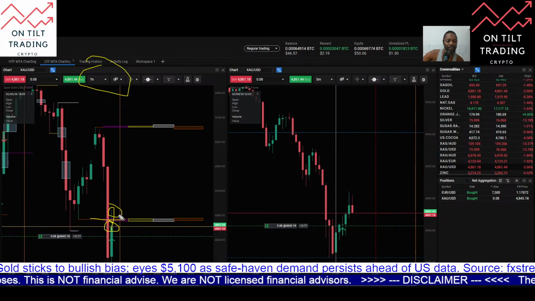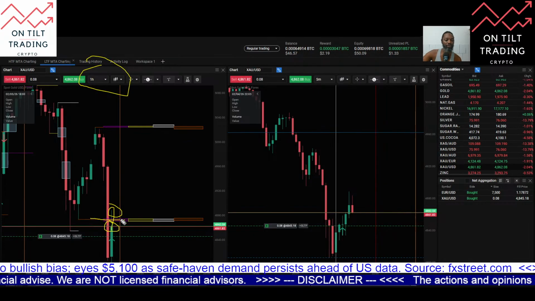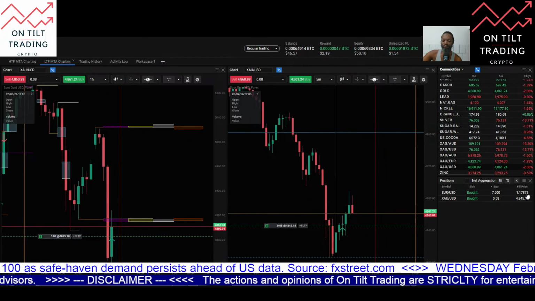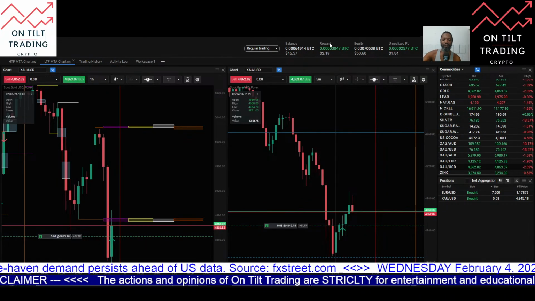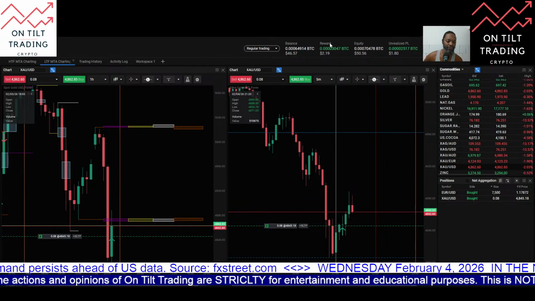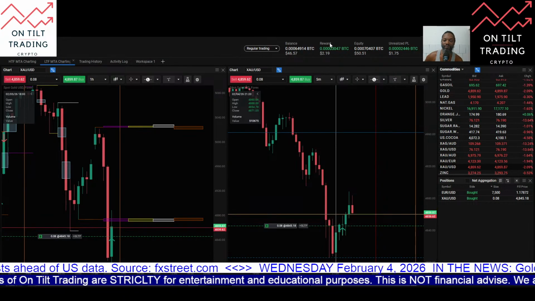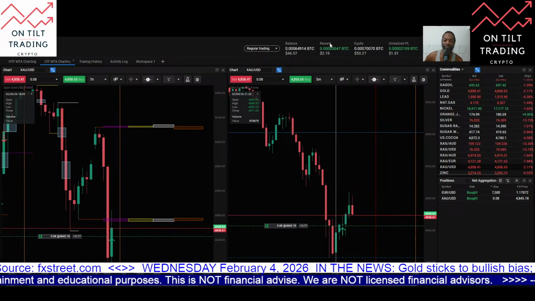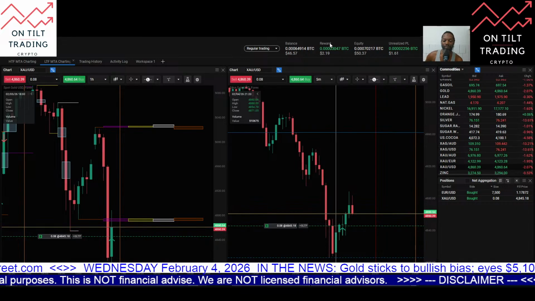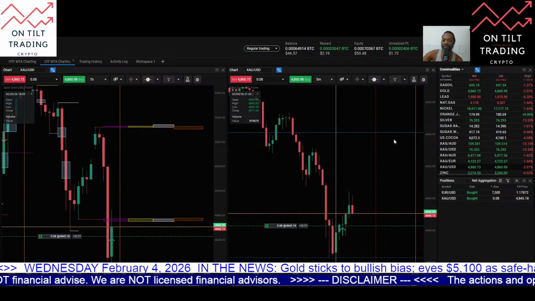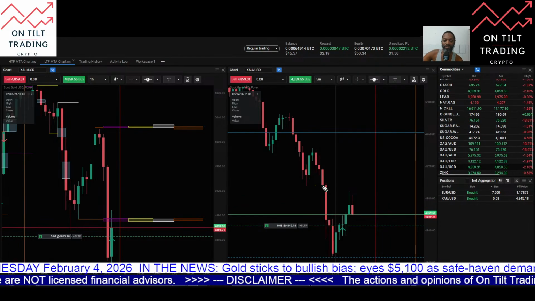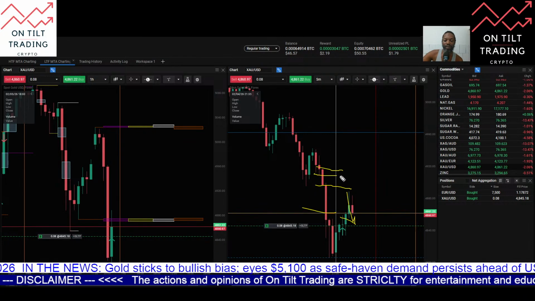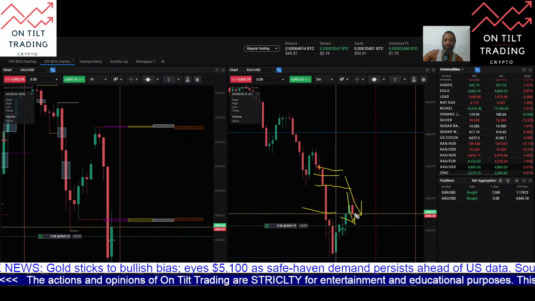So price likely seeing some volatility as it's trading back into these areas. We'll see if price can hold and continue to the buy side. Price could also be rejecting from these internal range liquidity zones here. So these would act to deliver price back to the sell side here.